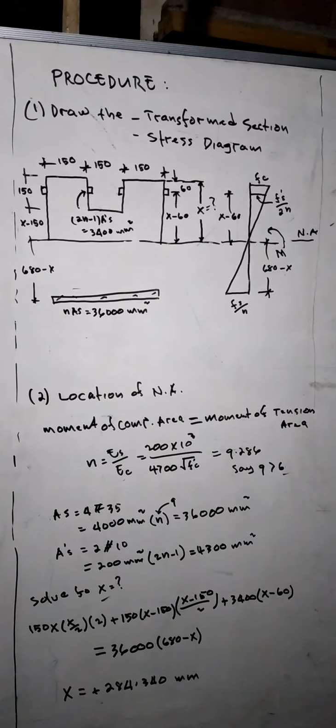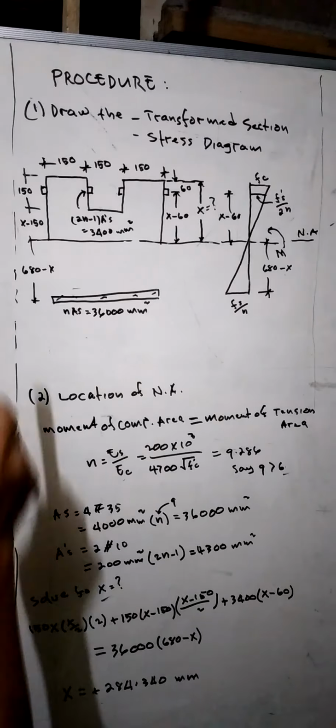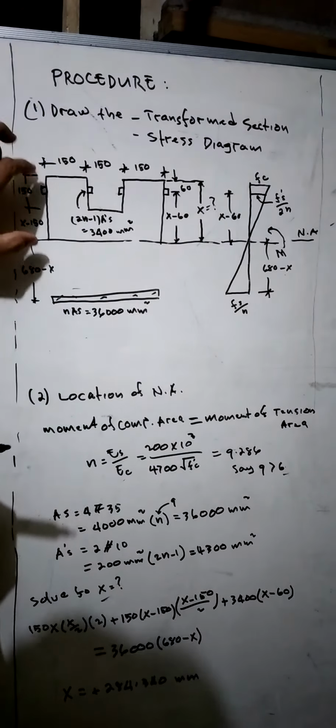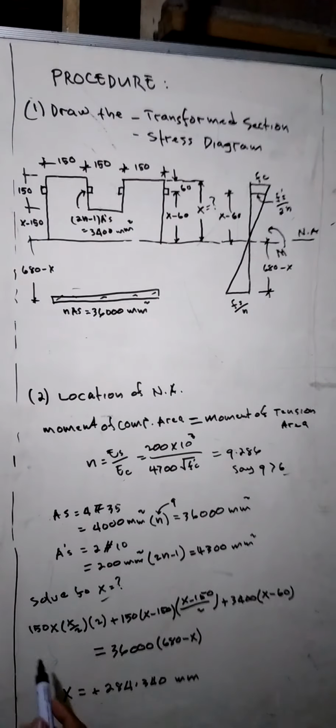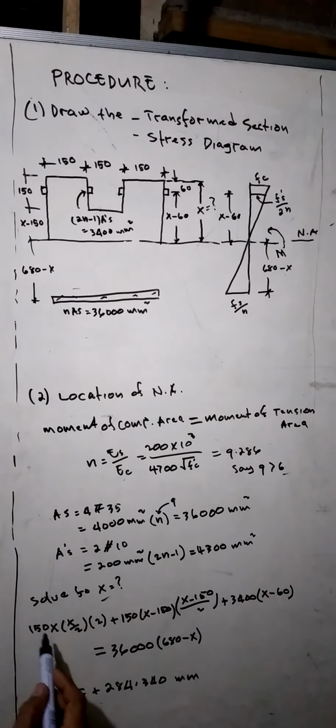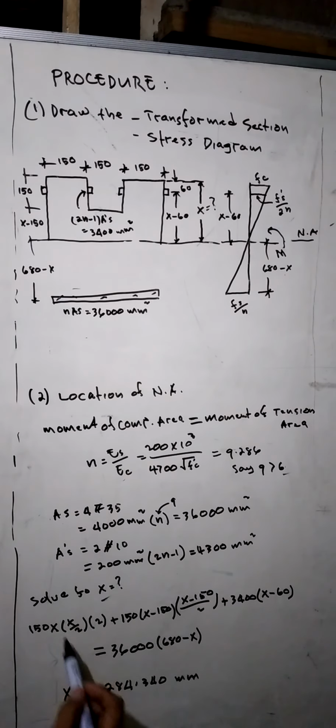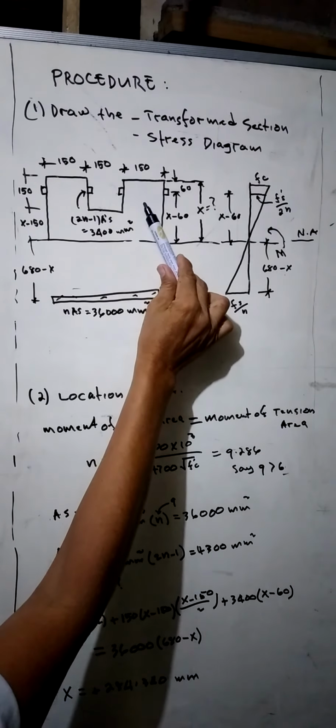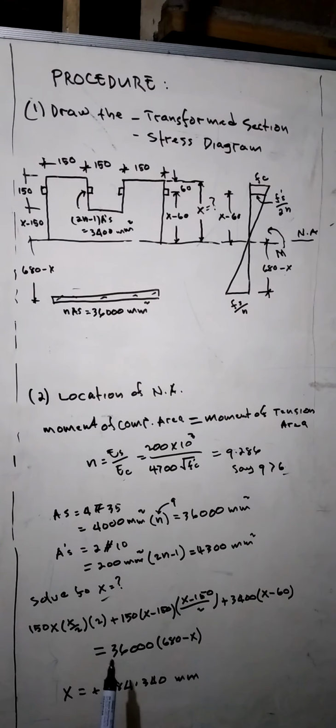So 150 times the height, which is x, then times the distance of the center of gravity, which is x over 2. And since this area is identical with this, so multiplied by 2 to make it simple.